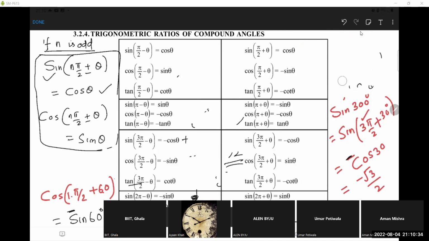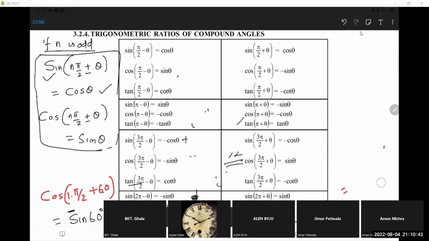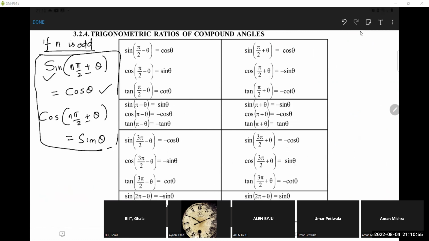If you have any question, either you can type your message in the chat box or using mic, you can ask the question. I prefer using mic so that others also listen to your question. Or in case you want to write something, you can write in the chat box. Okay, I hope it is clear.